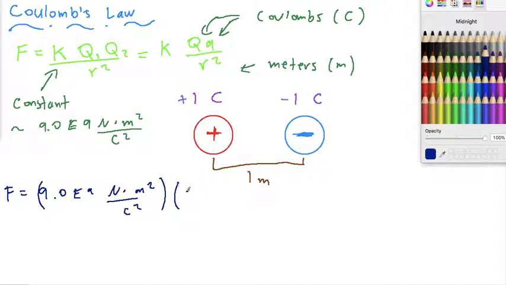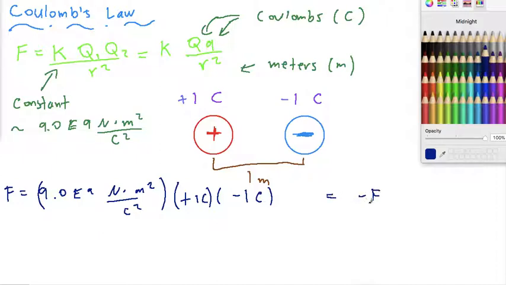It's 1 coulomb, but remember, I said we're going to ignore the plus or the minus right now, because we may get confused. If we put plus 1 here and minus 1 coulombs here, this gives us a negative. It would end up being a negative force.